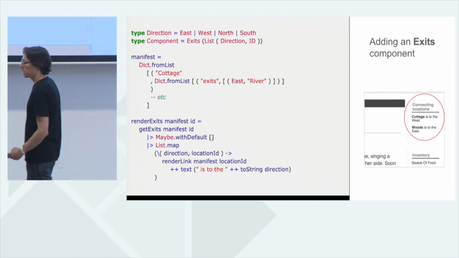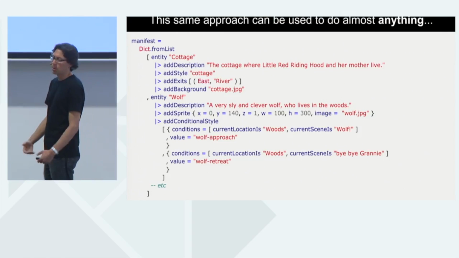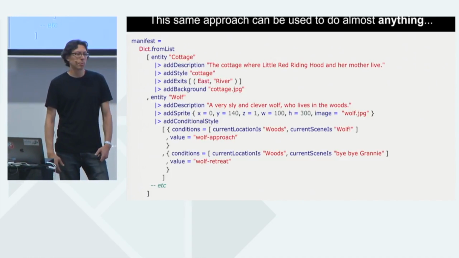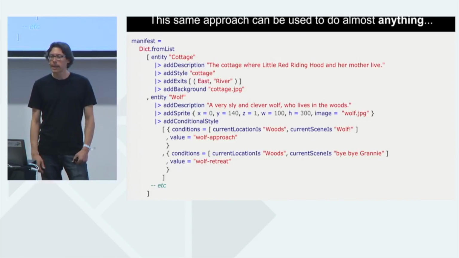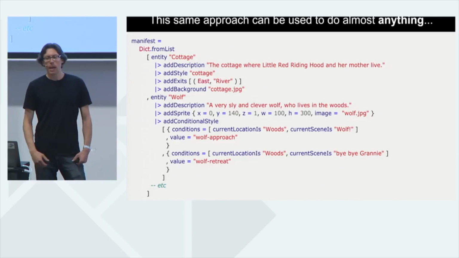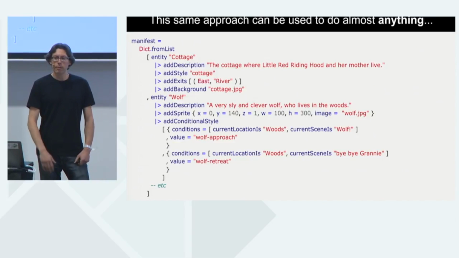And so I took this idea and I tried to push it to its limits. I wanted to make a story that was more visually based rather than text-based. And so I created components that had to do with visual presentation.